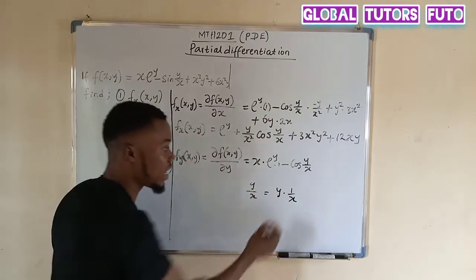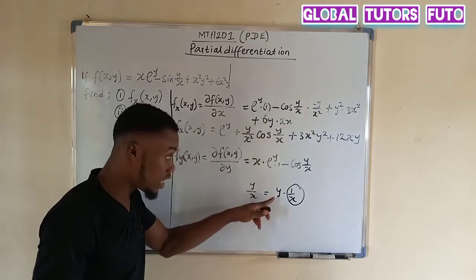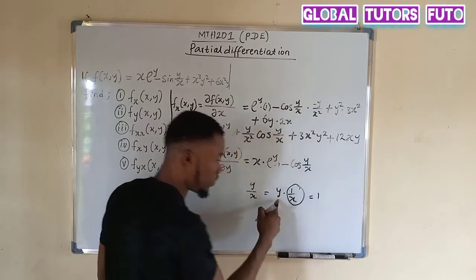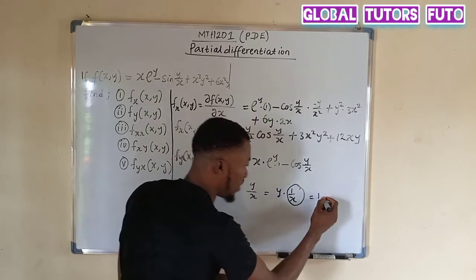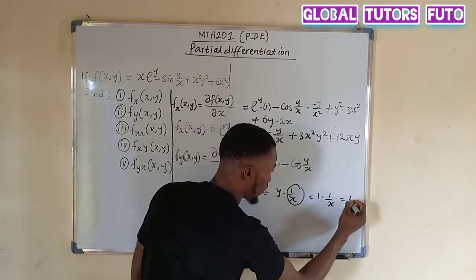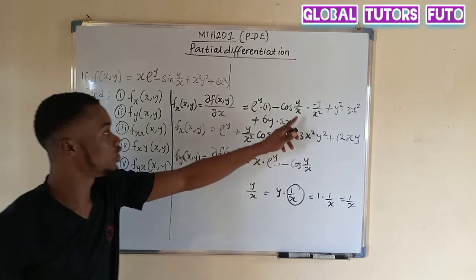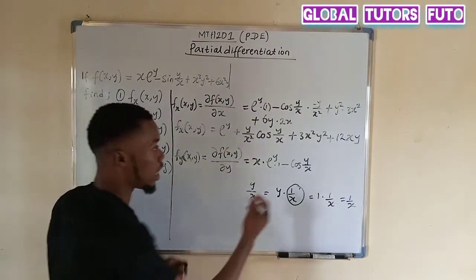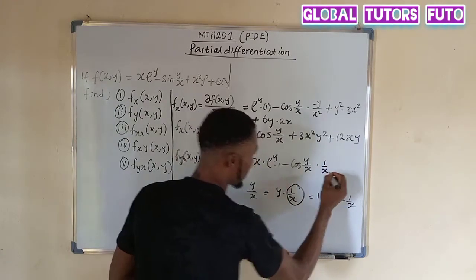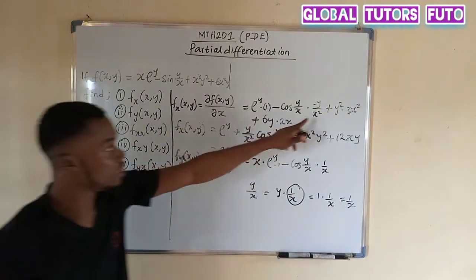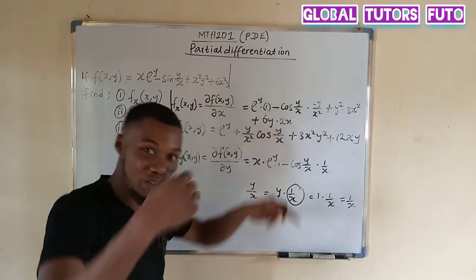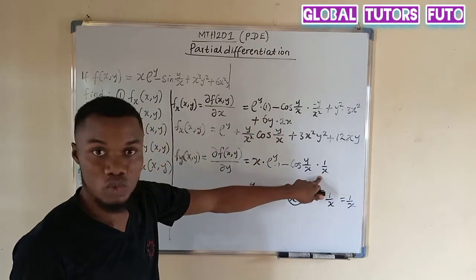If I differentiate y, I will get 1, times our constant 1 over x, which will give us 1 over x. So when we differentiate y over x partially with respect to y, our answer will be 1 over x. Remember the one we did when we differentiated partially with respect to x, we got minus y over x squared. Now we differentiated partially with respect to y, we got 1 over x.